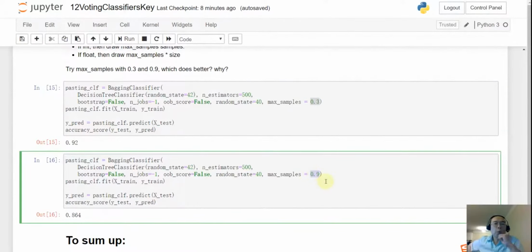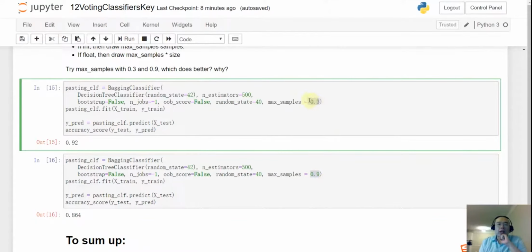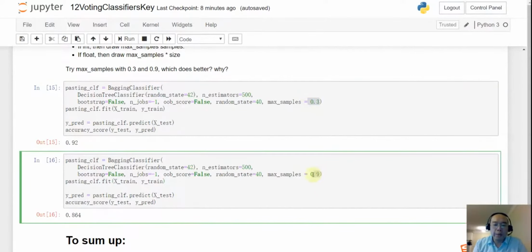So why? Okay, this is my answer. By keeping a small portion of the dataset and feeding that into each predictor, we are likely to have independent predictors. If we go extreme, with 100%, we have an ensemble, but each of them is using 100% of the training set.